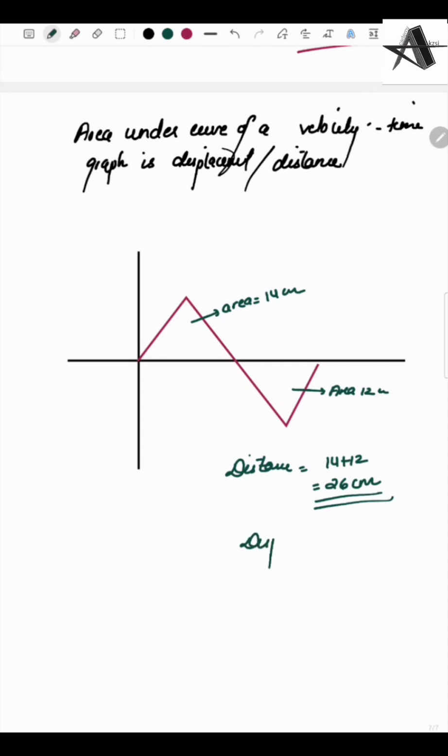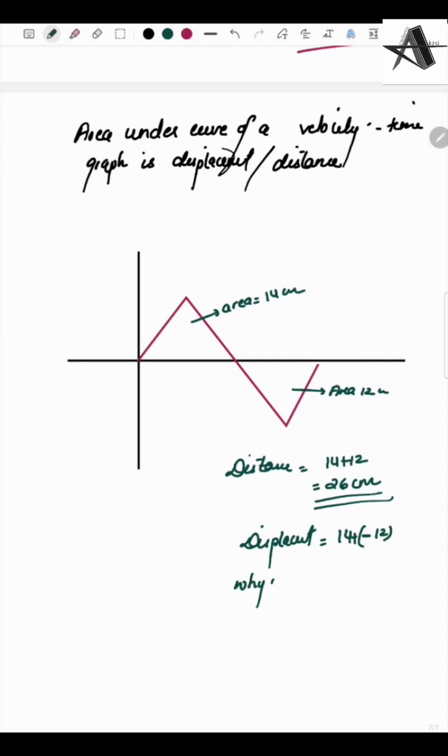Whereas if I'm calculating displacement, it is a vector quantity, and if something is moving in the negative direction, we have to take the sign negative. Here your velocity is positive, your time is positive, obviously area will be positive, so 14. But here your velocity is negative, you are multiplying it with time, so here we have to write 14 plus negative 12.